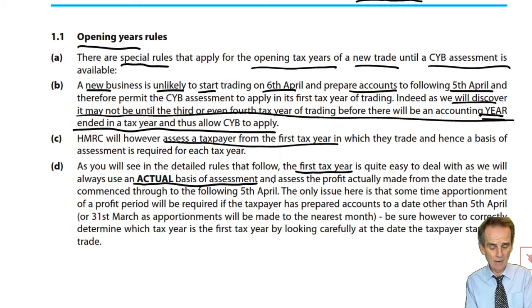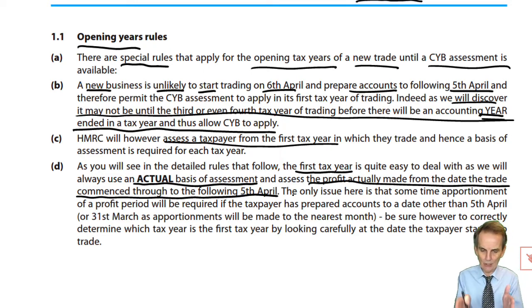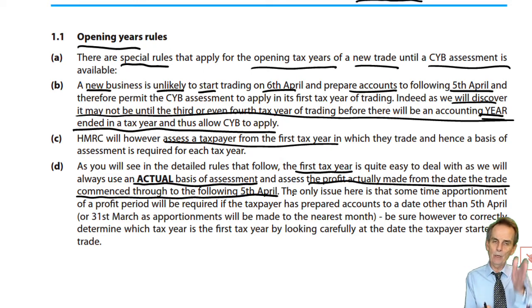What does that mean? We will assess the profit actually made from the date the trade commenced through to the following 5th of April. What profit was actually made for the period start of trade to 5th of April.